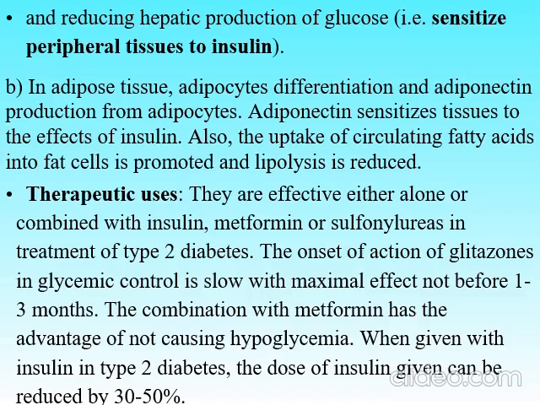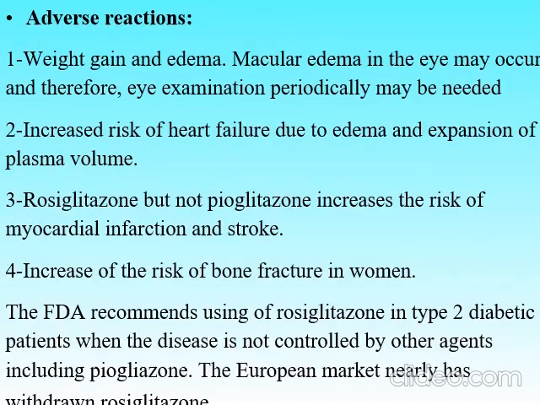This is a very important mark. The action of thiazolidinediones or glitazones appears after more than 1 month. The combination with metformin has the advantage of not causing hypoglycemia. When given with insulin in type 2 diabetes, the dose of insulin can be reduced by 30 to 50%.